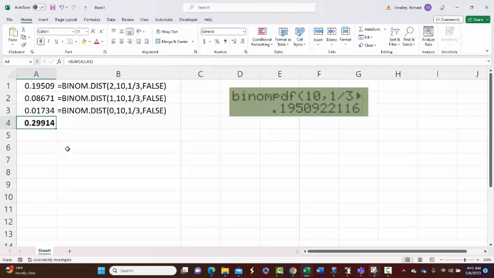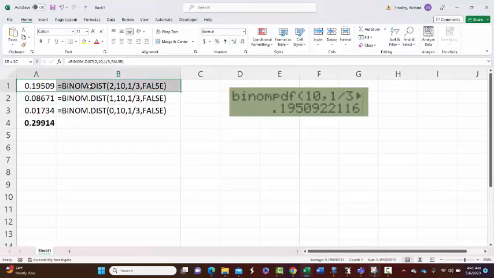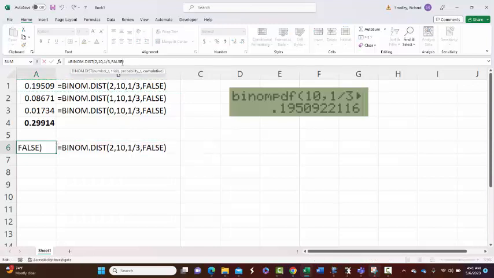Then I'm going to come down here and show you. Actually, I can copy this, be quicker. Copy both of these. I'm going to change this to true.